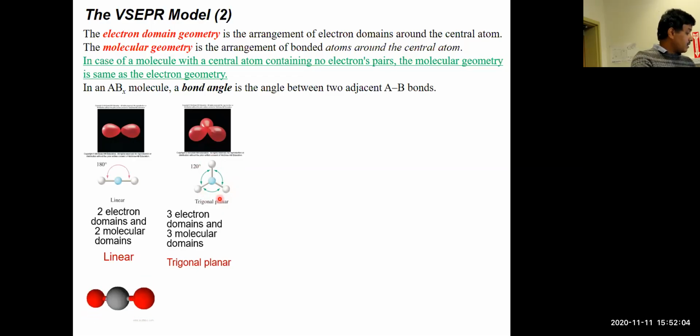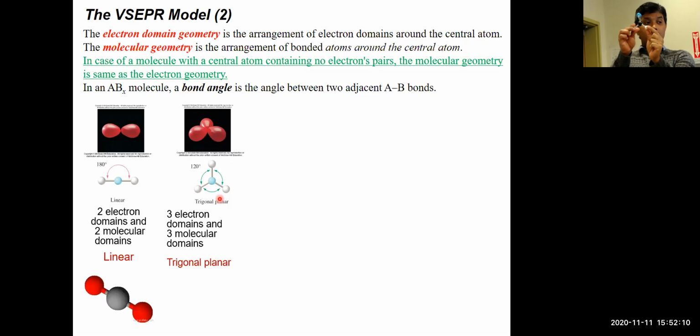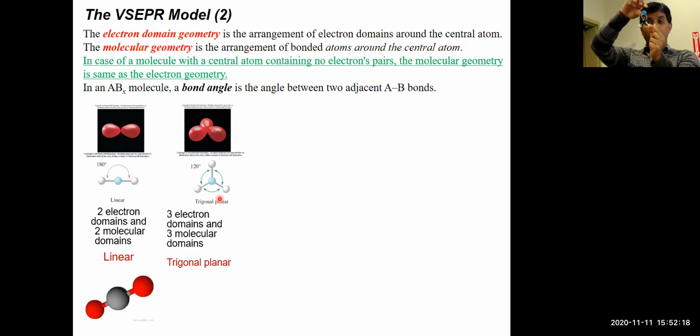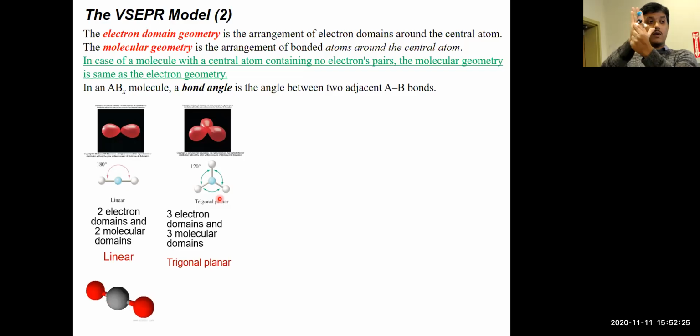Trigonal planar looks like this. It is an example, the carbon atom in the center connected to 2 hydrogens at the bottom and another atom at the top. As a result here, the central atom has a shape of trigonal planar.